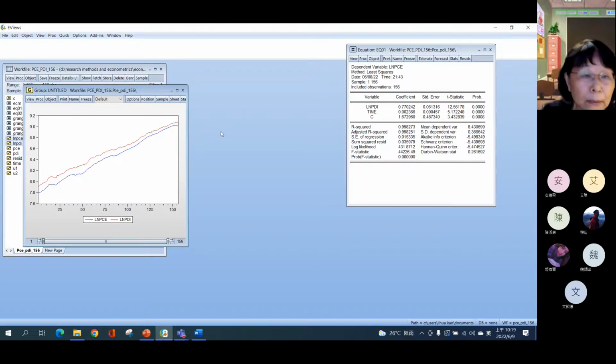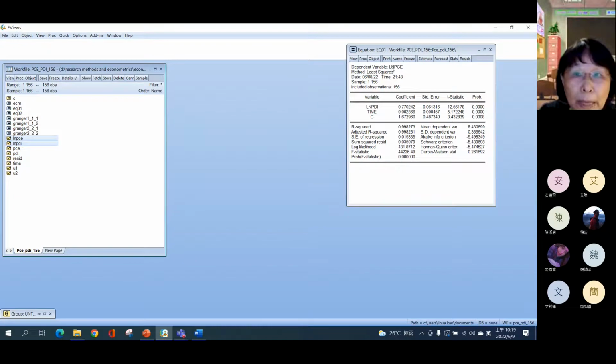So if we detrend, using time as one of the x variables, we can get rid of the trend. In other words, I do the regression of LMPCE on LMPDI and time as another x, and get the residuals from this regression.